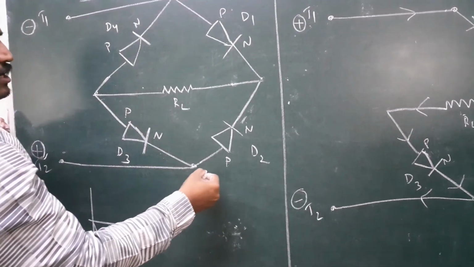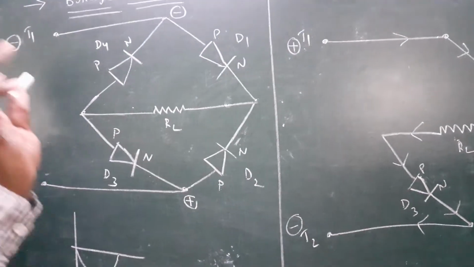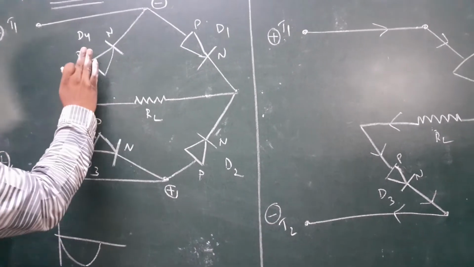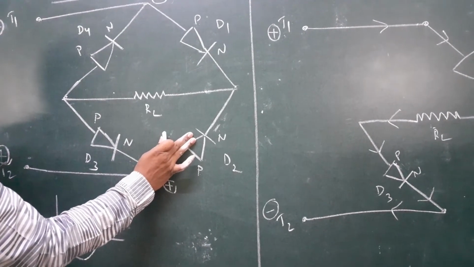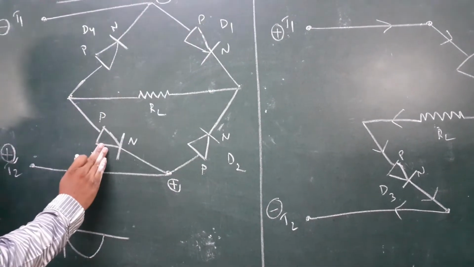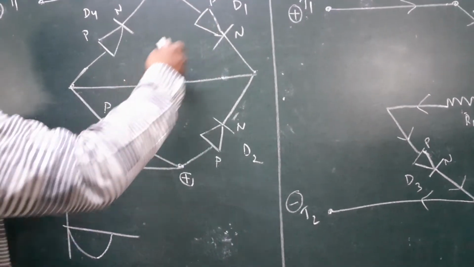P is connected to positive, so D2 is forward bias. During the negative half cycle, D4 and D2 act as forward bias, D1 and D3 act as reverse bias, so these two will be removed.